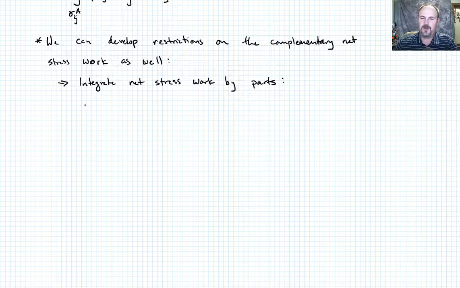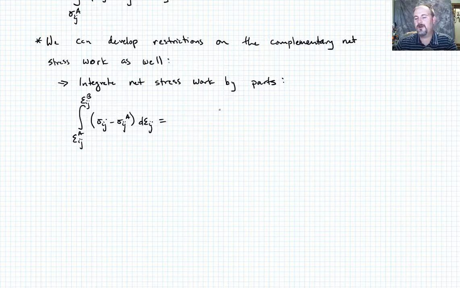So let's go ahead and write the net stress work. That would be the integral from epsilon ij a up to epsilon ij b of sigma ij minus sigma ij a d epsilon ij.